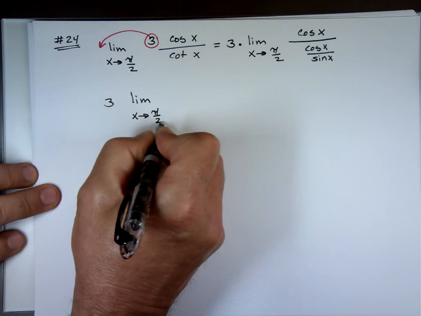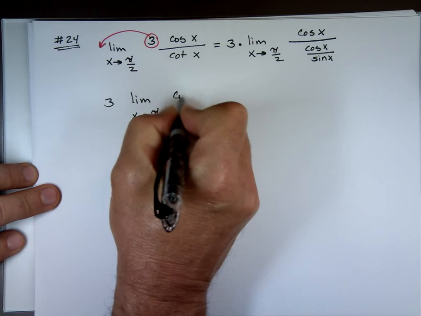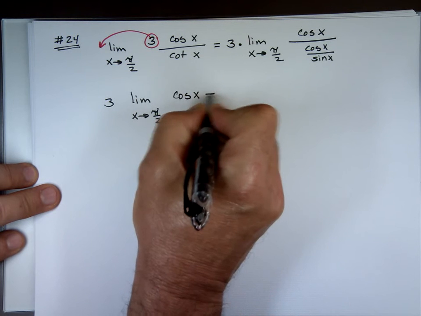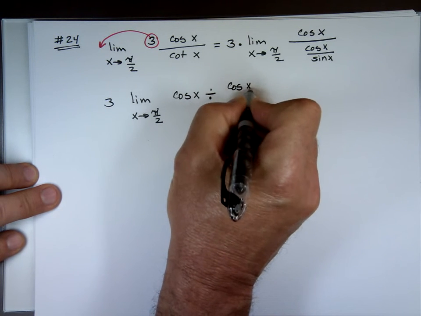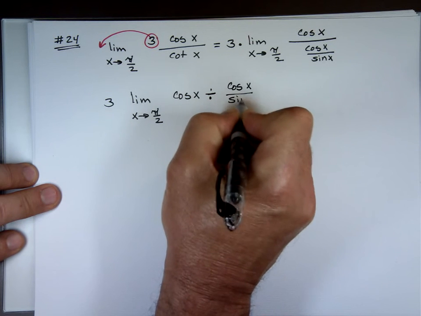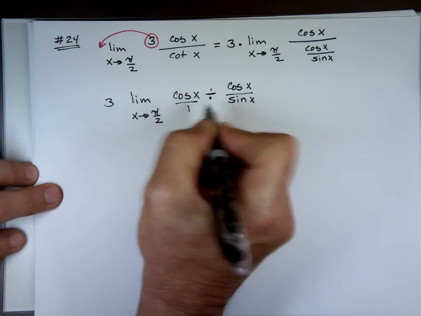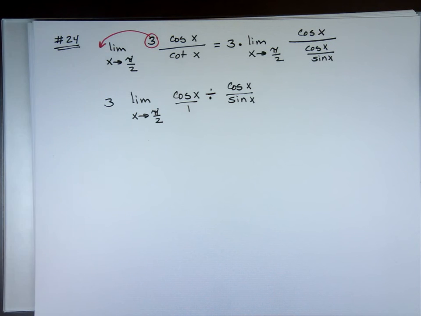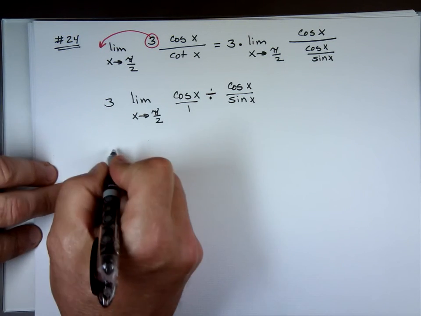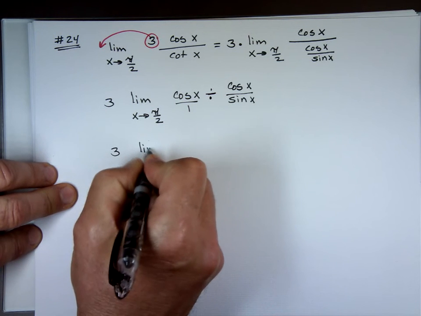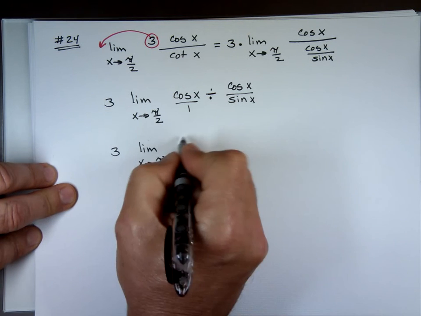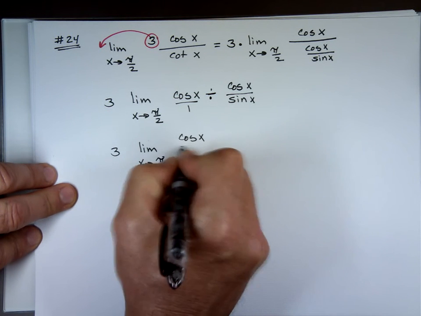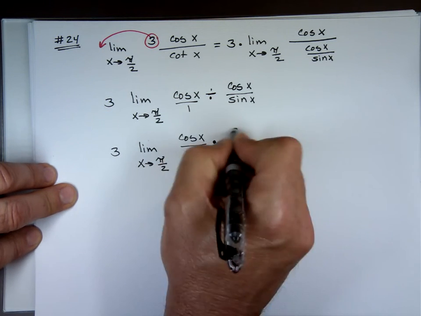That means cosine x divided by cosine x over sine of x. The top one is over 1. We change division to what? Multiplication. And this becomes cosine of x over 1 times the sine of x over cosine of x.